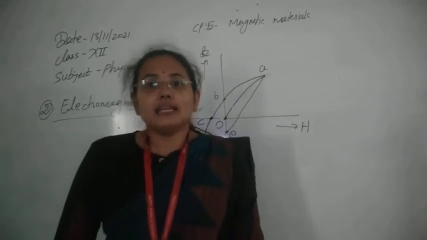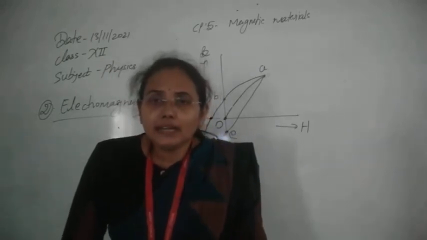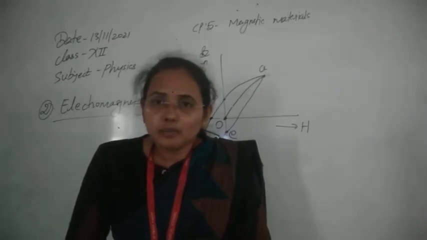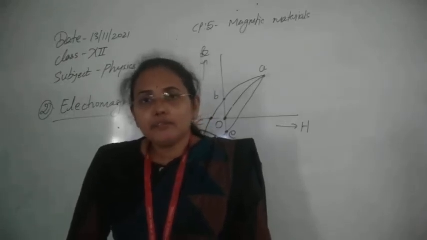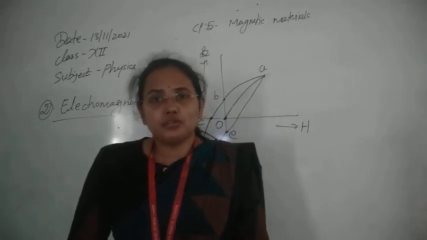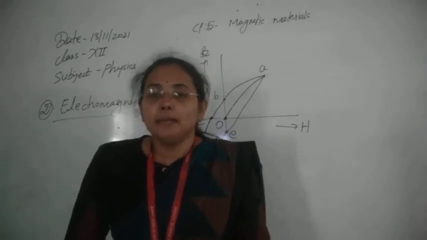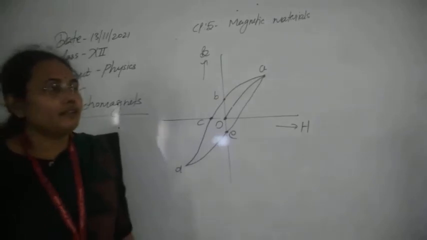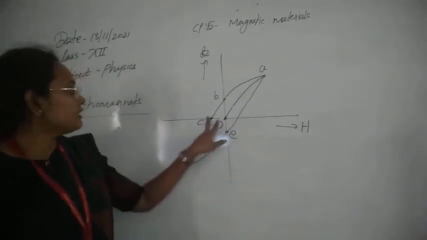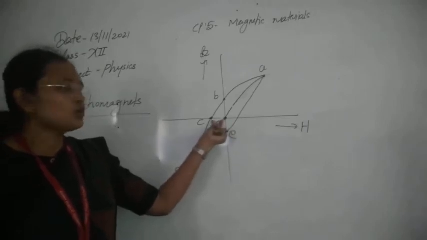We need a material such that when we apply the electric field, it behaves as a magnet, but whenever we remove the electric field, its magnetization should be zero. It should not remain magnetized. Means this property should be low.